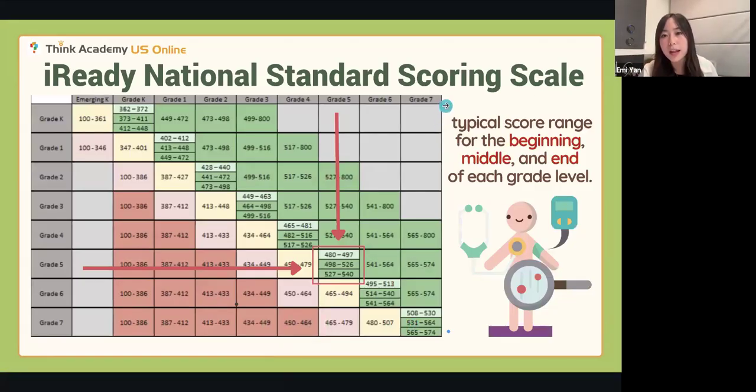I suppose it should be grade 8, but it's not enough state, so I only got grade 7 here. But it's going to be all the kids from grade K all the way to grade 8. So if you're in fourth grade, I still recommend you take this iReady test and see how they do in grade 4. And maybe they already reached the 85th percentile. That means your kids are doing a great job there.